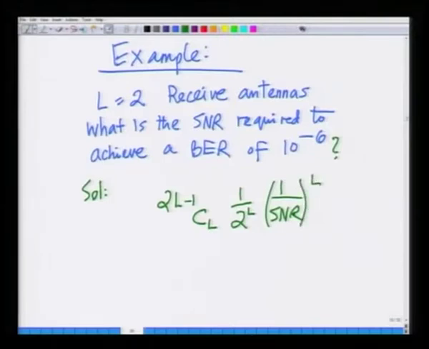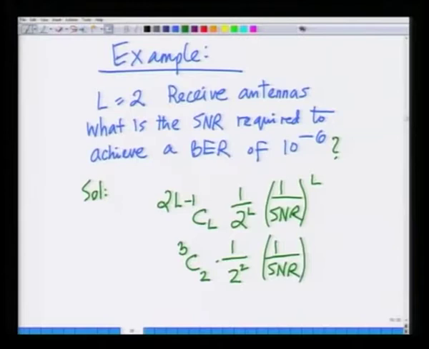Now, L equals 2. So, 2 L minus 1 is 3, choose 2 or 3 C 2 times 1 over 2 square times 1 over SNR square. 3 choose 2 is nothing but 3, and 1 over 2 square is nothing but 1 over 4.